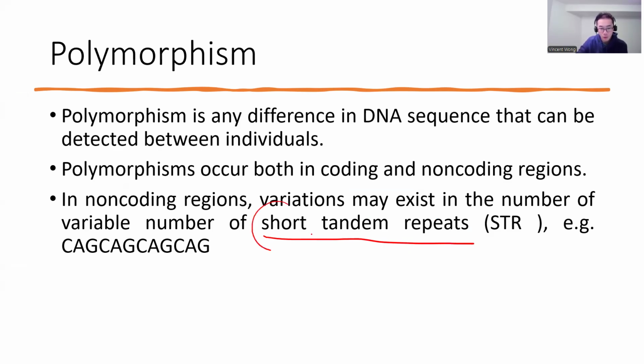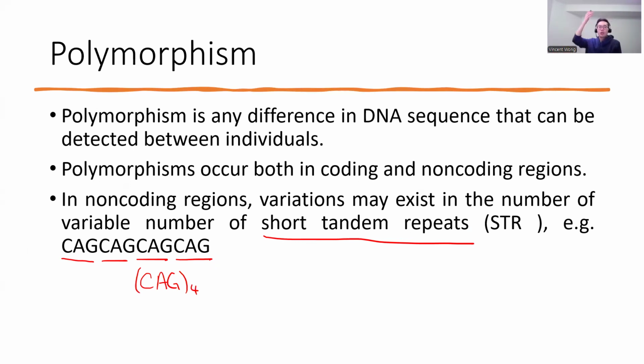They are short, a few nucleotides, and they exist in tandem, one after the other. That's what tandem means. And they repeat themselves, which is why they're called short tandem repeats, like CAG, CAG, CAG, CAG. This is called CAG4 because it's CAG repeated 4 times.